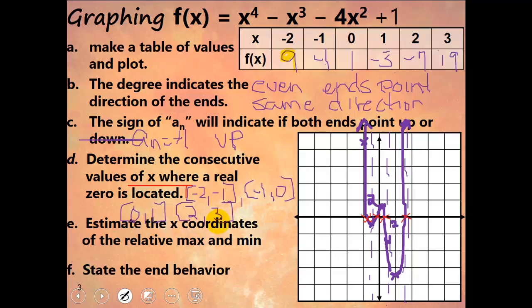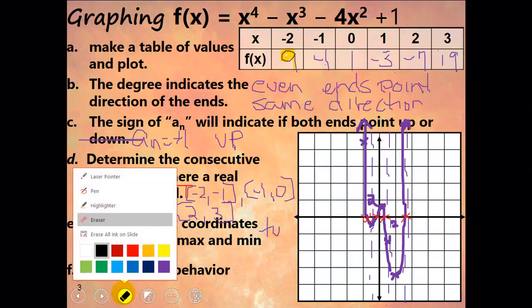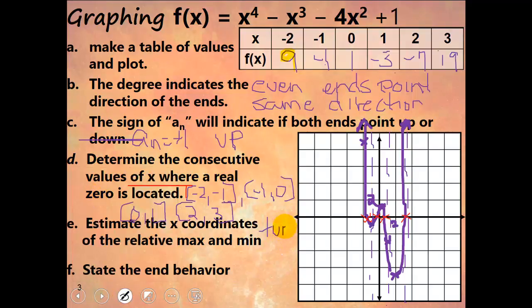Now we want to estimate the x-coordinate of the relative max or min. Those are your turning points. This is where it turns. My relative mins are going to be where it opens up, and my relative max is going to be where it opens down.